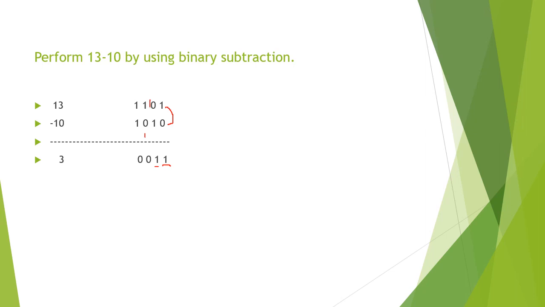So 1 minus this borrow 1, you will get the result 0, and here 1 minus 1 is 0. So this is the binary representation of the number 3. You can verify it by the binary to decimal method of conversion, and you will get your verified result. So this is how we can perform binary addition as well as binary subtraction. It is a very simple method.